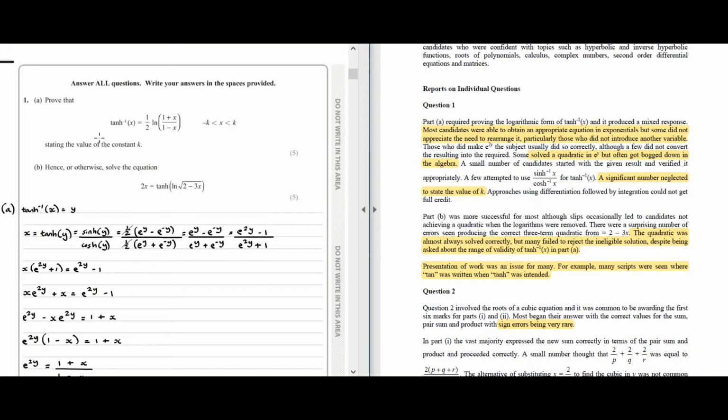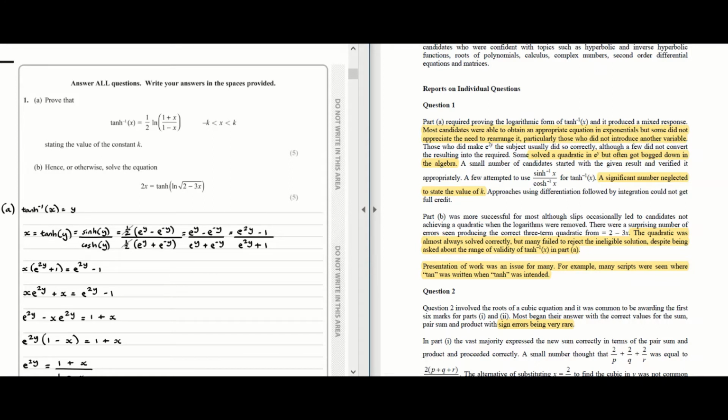Now in terms of question 1, where we had to show this result, that produced a number of mixed responses. A lot of people were able to obtain an appropriate equation in exponentials, but did not appreciate the need to rearrange it, particularly those who did not introduce another variable.